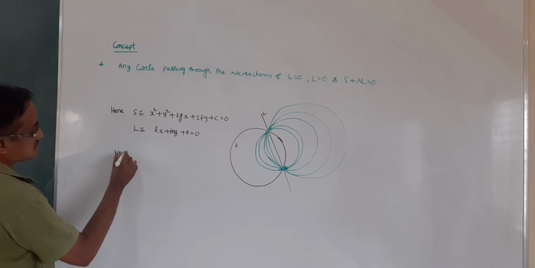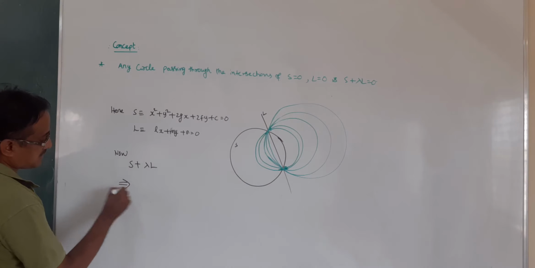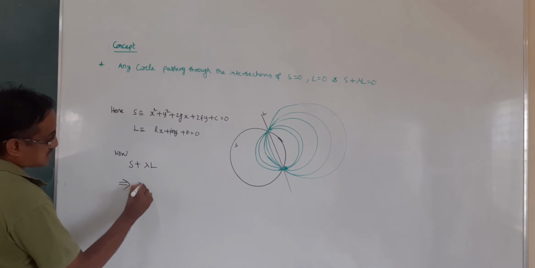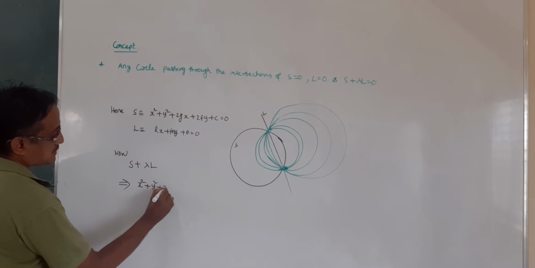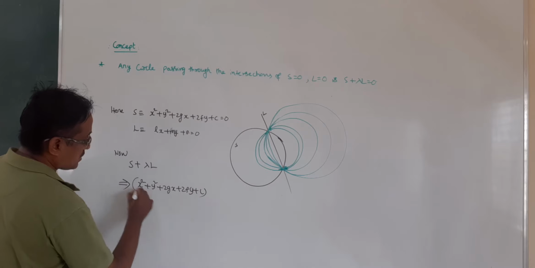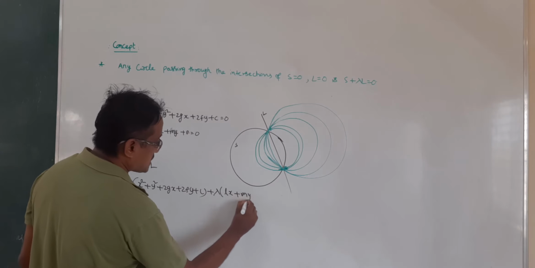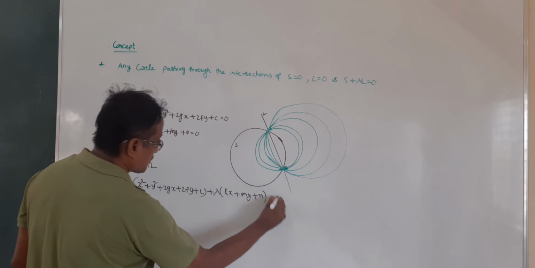Now S plus lambda L means x square plus y square plus 2gx plus 2fy plus c plus lambda into (lx plus my plus n) is equal to 0.